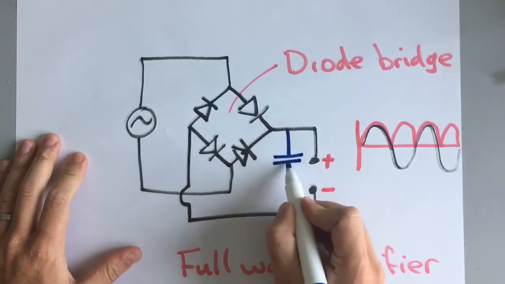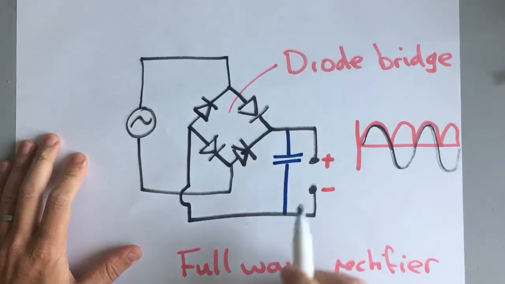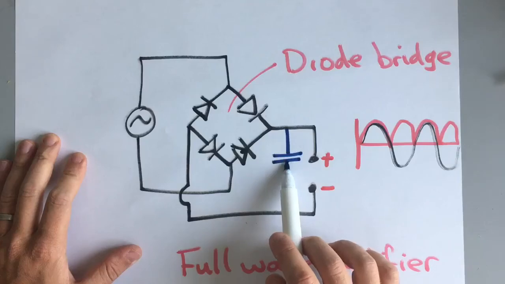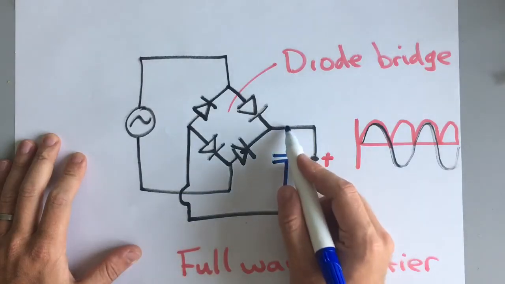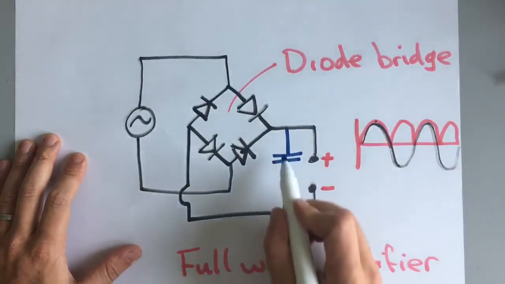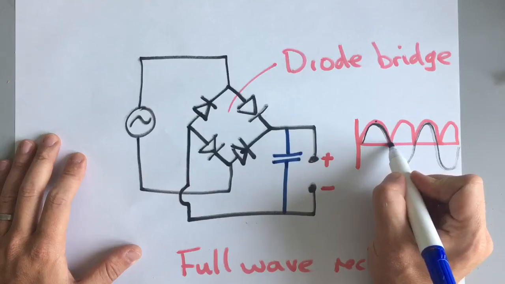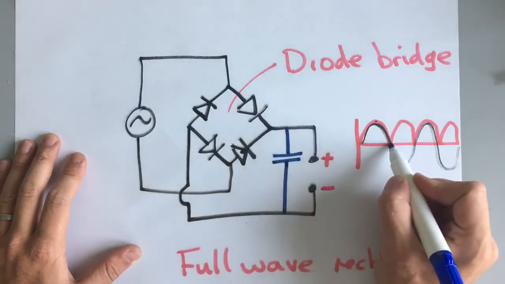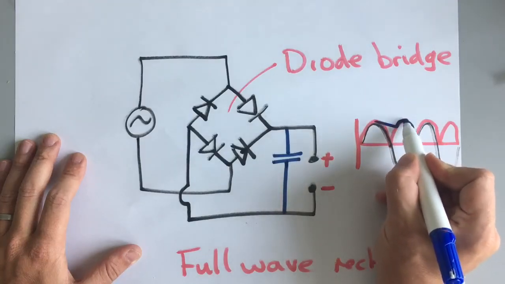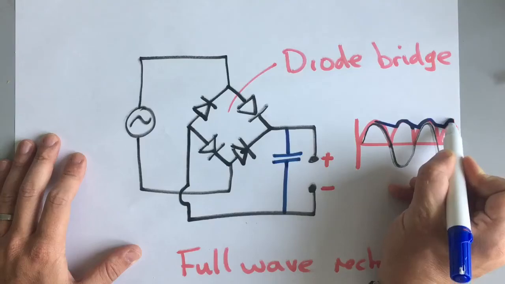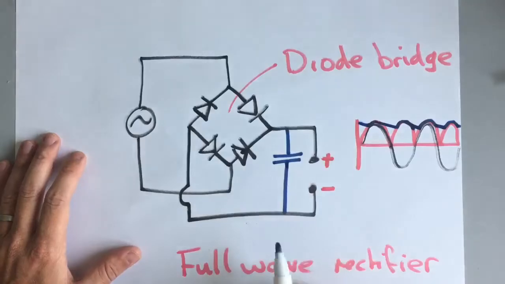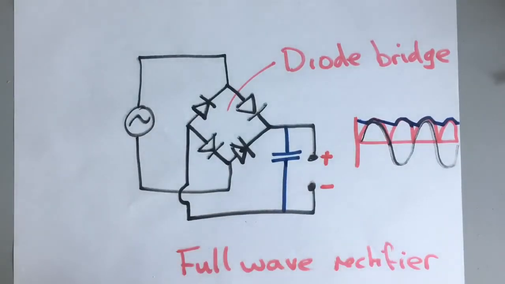It stores charge for a certain amount of time, but that amount of time is generally quite short, and the capacitor can be put in series here, and what it does is when we have the peak here, the capacitor gets charged up, and as the voltage drops coming out of the diodes, the capacitor starts to discharge and it kind of fills those gaps, so you get this kind of a shape, which is getting closer and closer to that solid DC current that we're after.